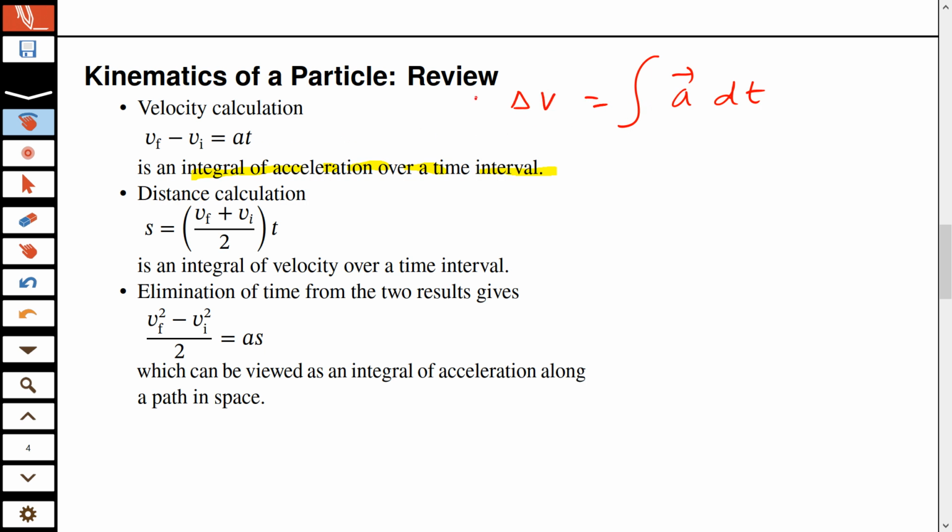What if I multiply both sides by m? How can I reinterpret this? How can I see this as an integral of something that gives me a change in something? Can you tell me what I should write here?